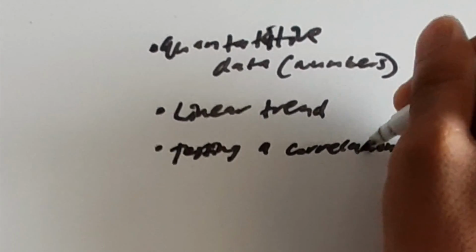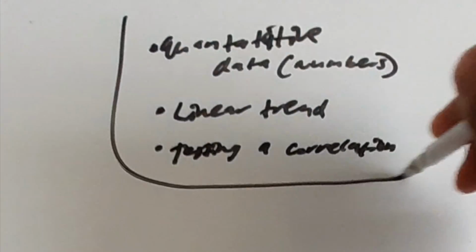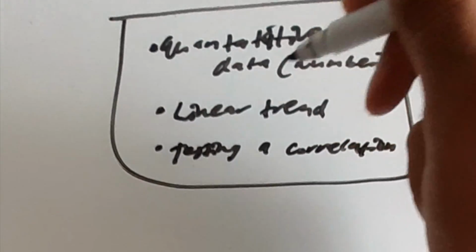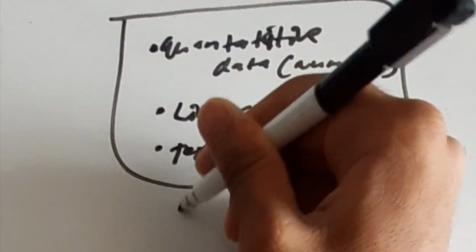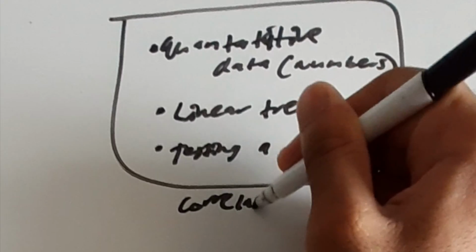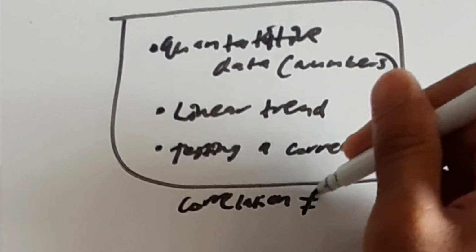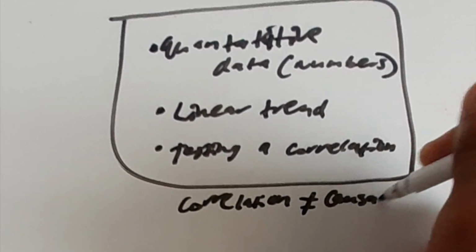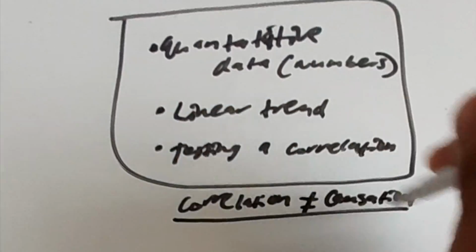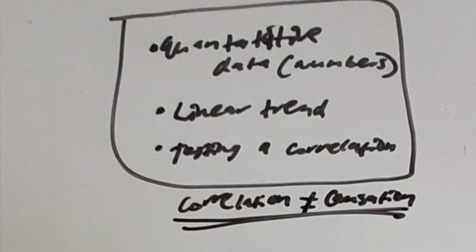So these are the reasons when you should use Pearson's correlation. Also, please remember, correlation does not equate to causation. This is very important, and I will go further into this in another video.